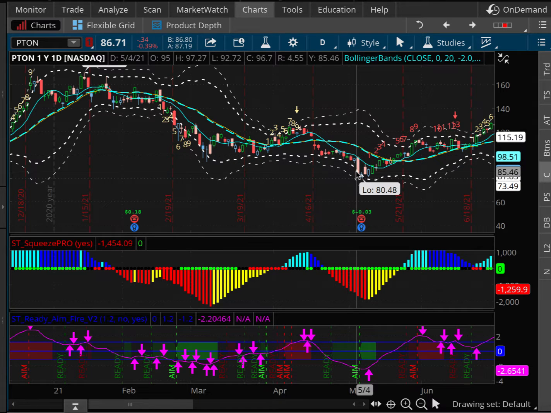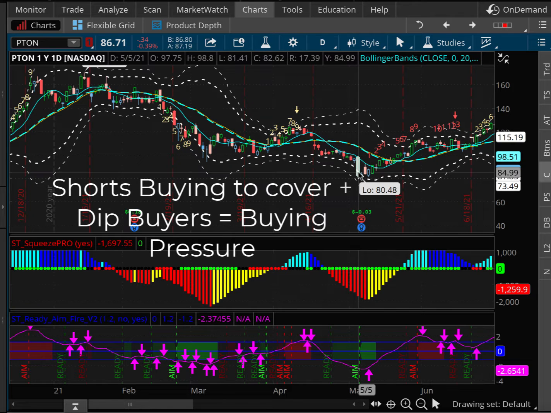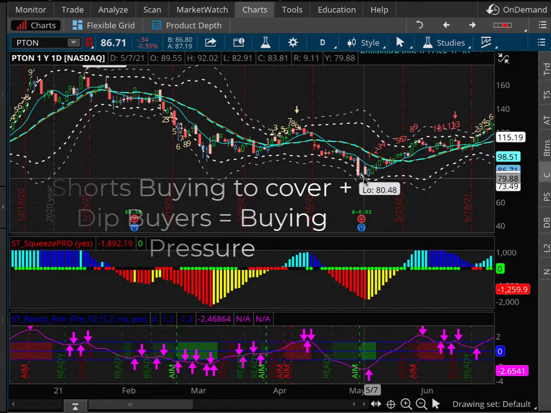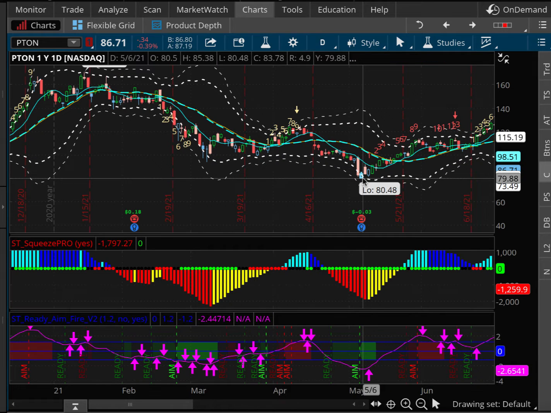So in order to close their position, to take their profits, they're going to buy to close their position. So you get a bit of buying pressure. Then on top of that, you have dip buyers who see that as an opportunity of a reversal. And so you have double buying pressure, one from short positions buying to cover and long positions entering positions here on the dip.